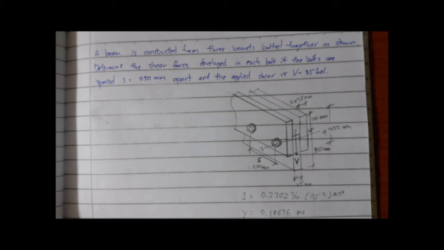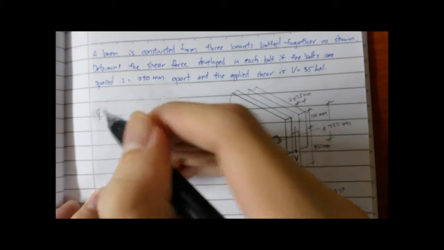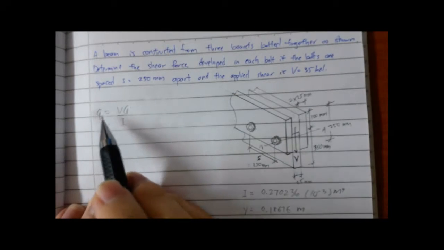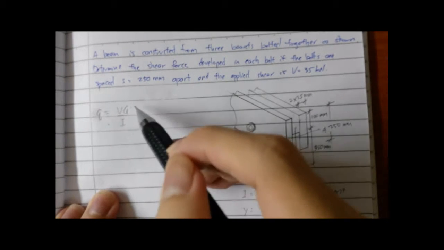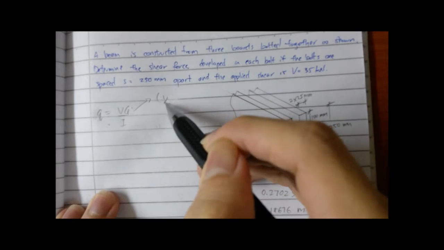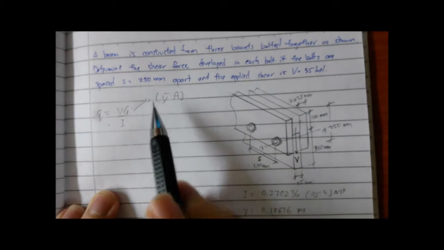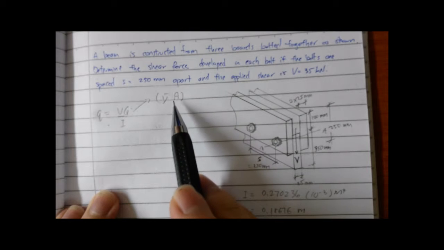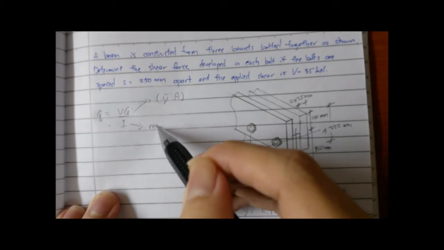Okay, now we will learn about the shear flow in a built-up member. Firstly, we use this formula. V is this shear, and Q is this: y is the distance from the neutral axis to the centroid of A, and this A is the area, and this I is the moment of inertia.